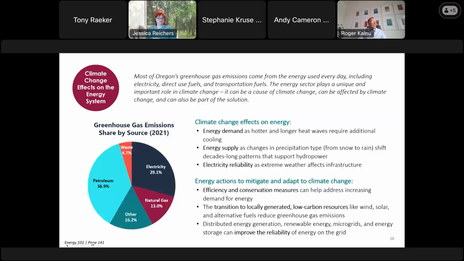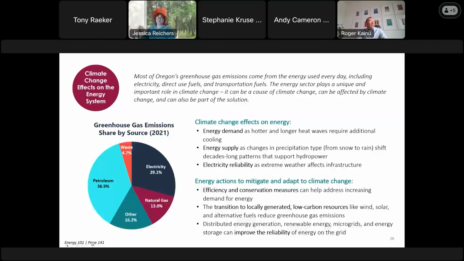Energy efficiency and conservation can reduce increased demand for energy, and the transition to locally generated low-carbon fuels will reduce greenhouse gas emissions that contribute to climate change. Distributed energy generation, renewable energy, microgrids, and energy storage can improve the reliability of energy on the grid.